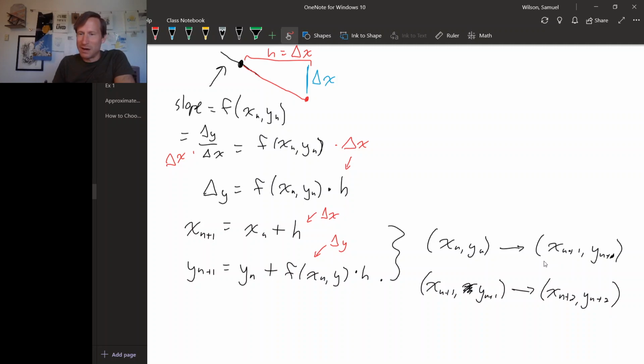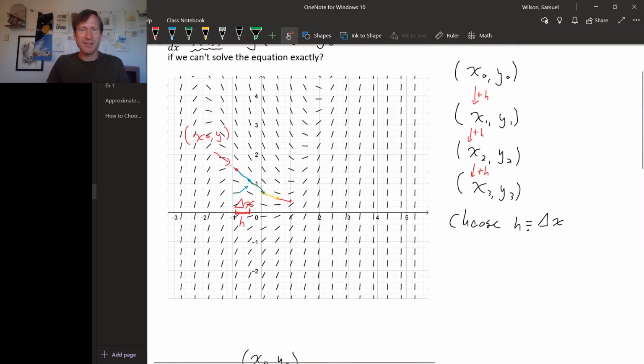So your old output point becomes your new input point. And then you can repeat this as many times as you want to generate more and more points that approximate a solution. When you join all these points together, like we have up here, they give you some idea of what a solution looks like in that region.